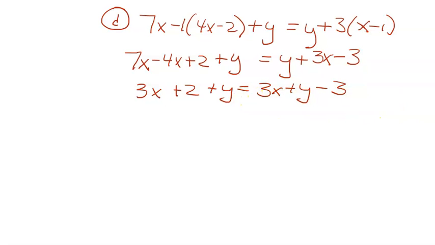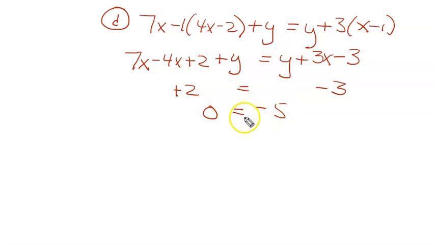So notice we can subtract a 3x here and a 3x here, which eliminates this. We can subtract a y here and a y here. So looking at this, I'm going to subtract 2 from this side, so this is 0 equals a negative 5. Is this a true statement? And the answer is no.